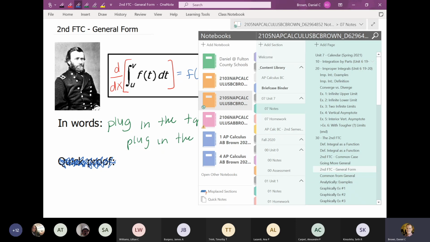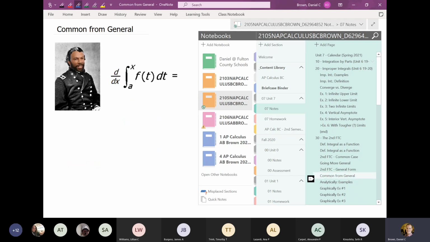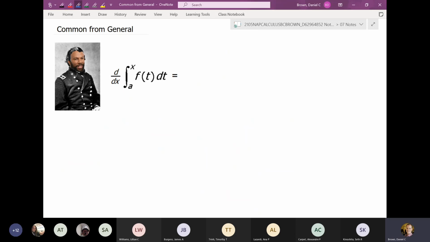Before we do examples, I do want to say some students just like doing the general case 100% of the time. The common case we know only works for a very specific example. The general case can really work for all examples, including the common ones. So here is the common case. We just have an x and a constant on the integral sign.